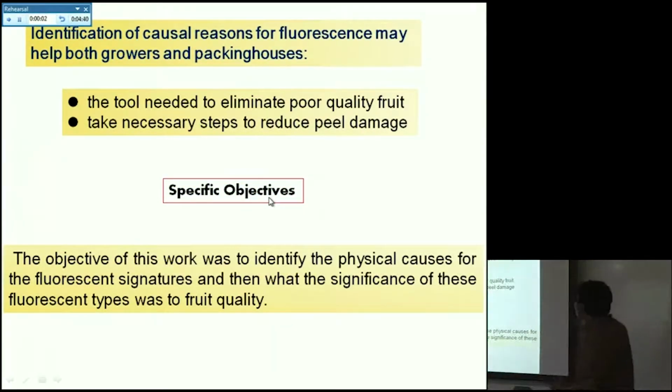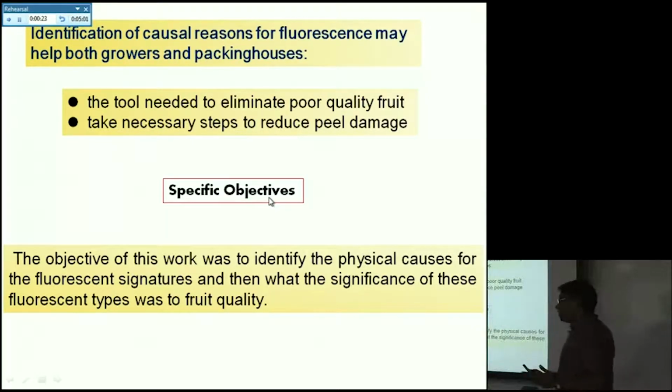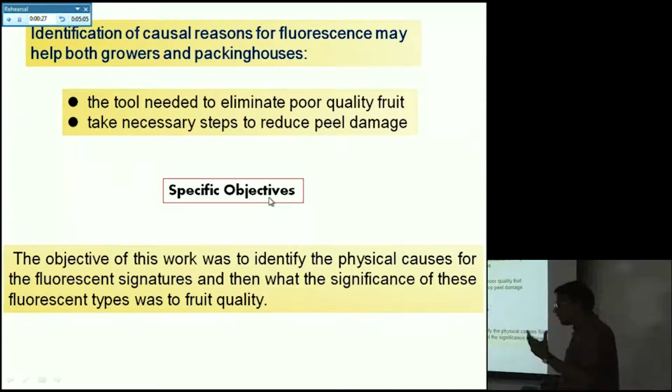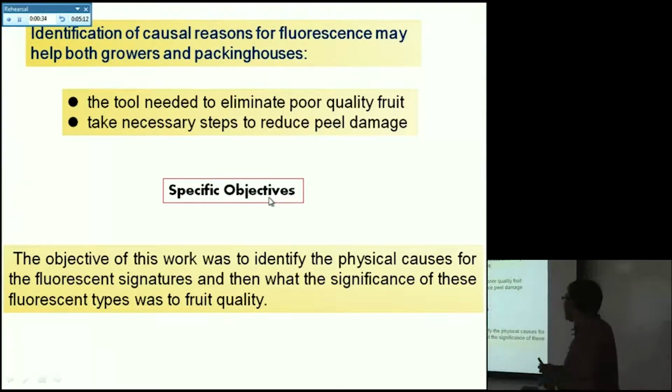In addition, the identification of causal regions for fluorescence may help both growers and packing house operators. With the tool needed to eliminate poor quality fruit, they can set some criteria for out-of-standard fruits, as well as take necessary steps to reduce peel damage, and get some idea of how to manage the fruit to keep blemishes on the peel at the lowest possible level.